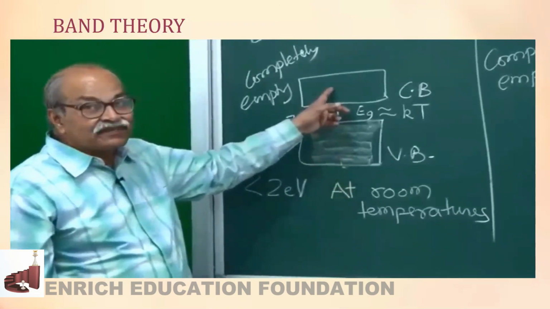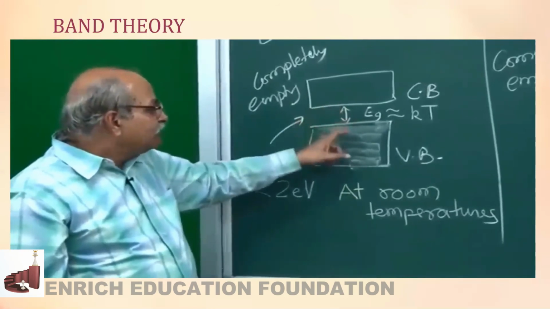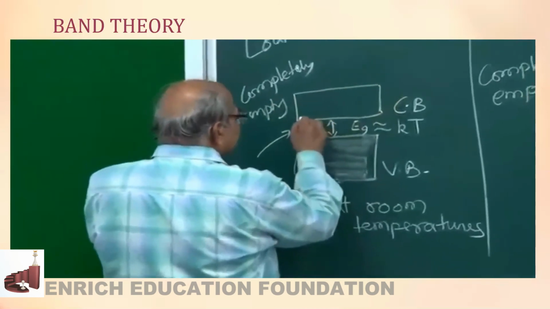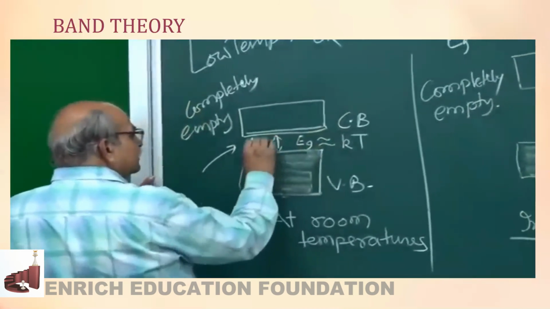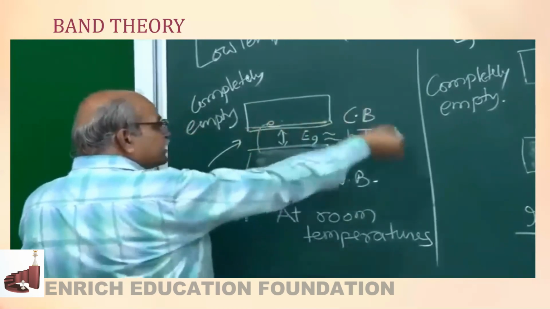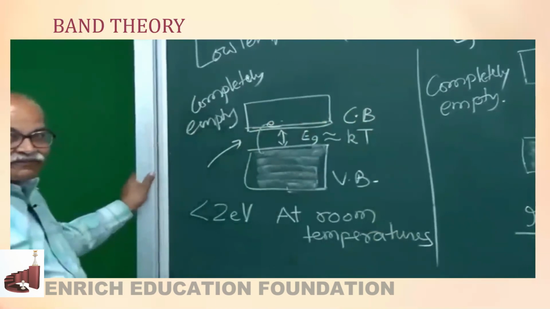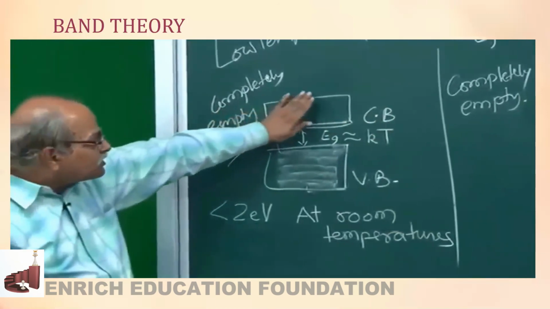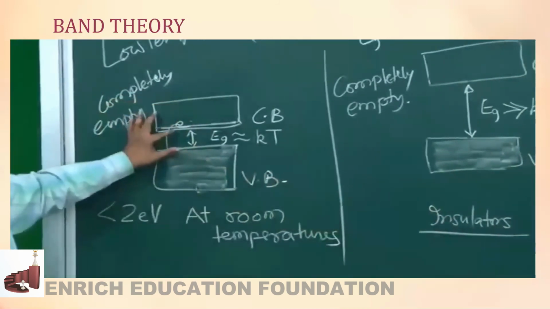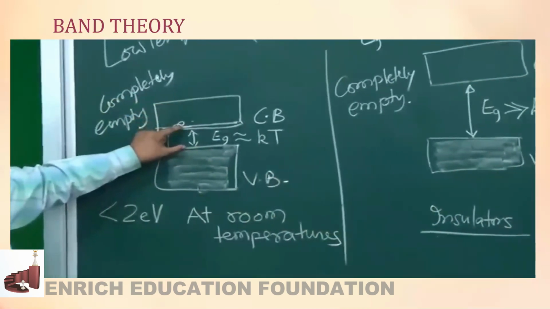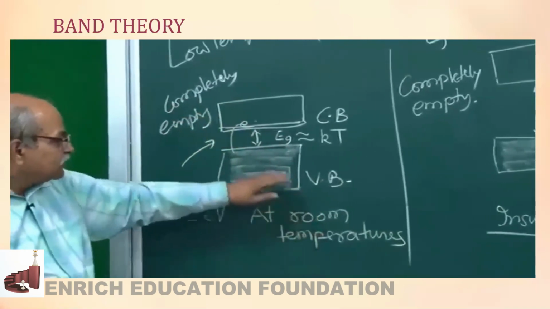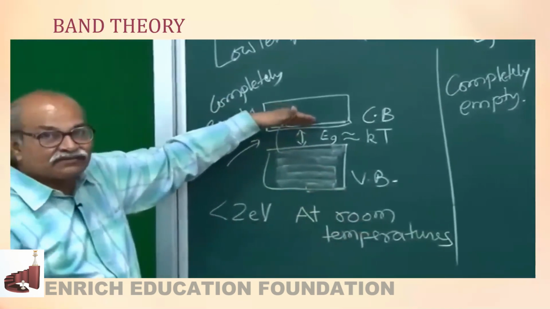If they move here, then you have all these empty states, and one electron going from here will populate this quantum state. Another electron going here will populate another quantum state. So although the band structure is similar to that of the insulator, because this gap is not very large as compared to KT, at room temperatures or normal working temperatures, some of these quantum states get occupied.